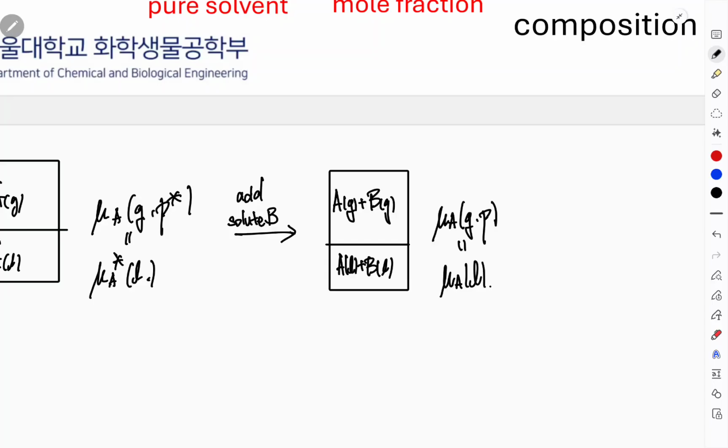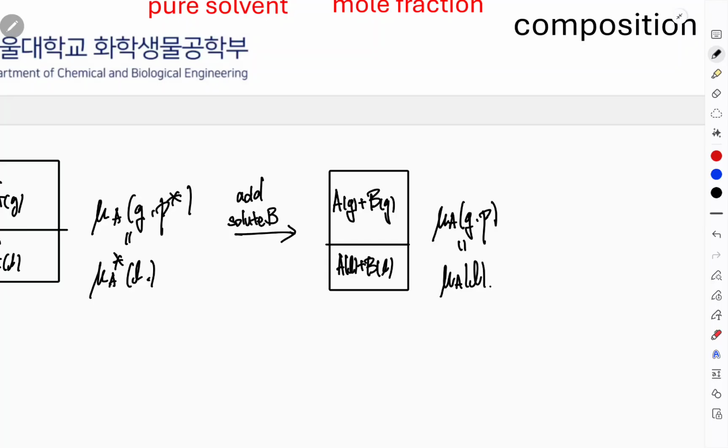We get the chemical potential for gas, which is mu equals mu naught plus RT ln P, this one. So we know this chemical potential from this equation.